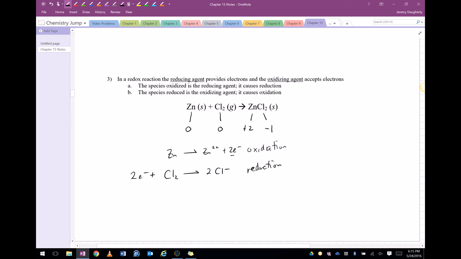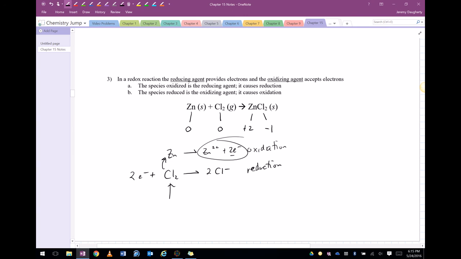But what you need to know is, if I have just some zinc metal that's set on the table, will it automatically become zinc 2 plus? No. We need this chlorine right here to be brought up to this zinc for this to happen.